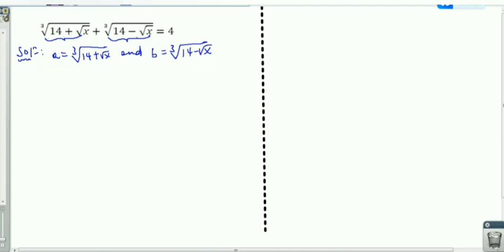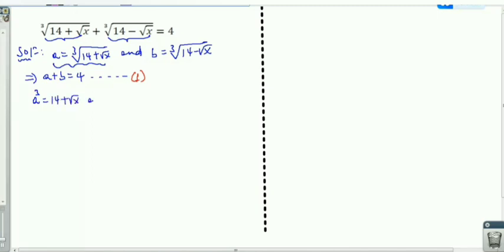Therefore these two expressions become a plus b. This is a and this is b. According to this notation, our a plus b becomes 4. Call this equation number 1. Again, from this assumption, a is equal to cube root of 14 plus root x, so taking the cube of both sides, a cube becomes 14 plus root x.